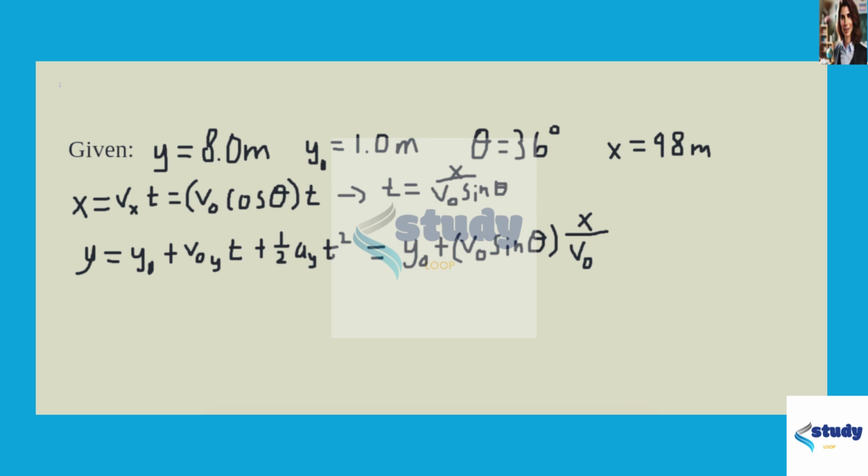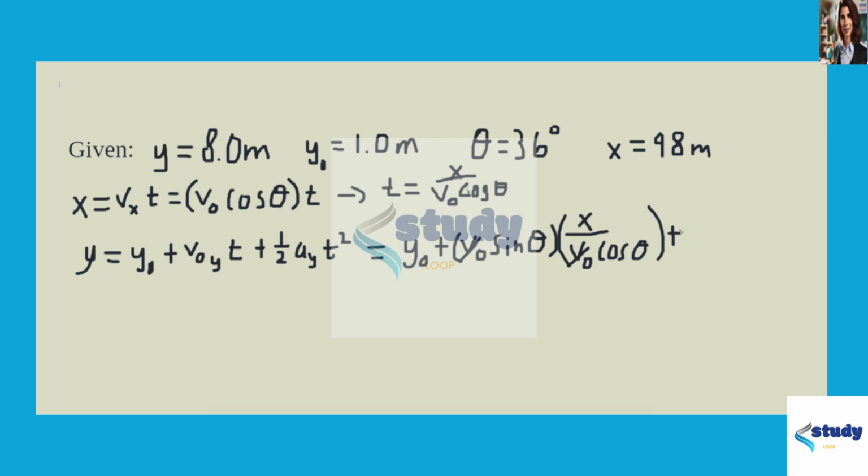I'm sorry, I wrote sine earlier, but this is cosine theta, not sine theta, because this is x. So let's erase this and rewrite it as cosine. Which is really convenient because the v naughts are going to cancel out, and we don't know v naught, so we don't have to worry about that.